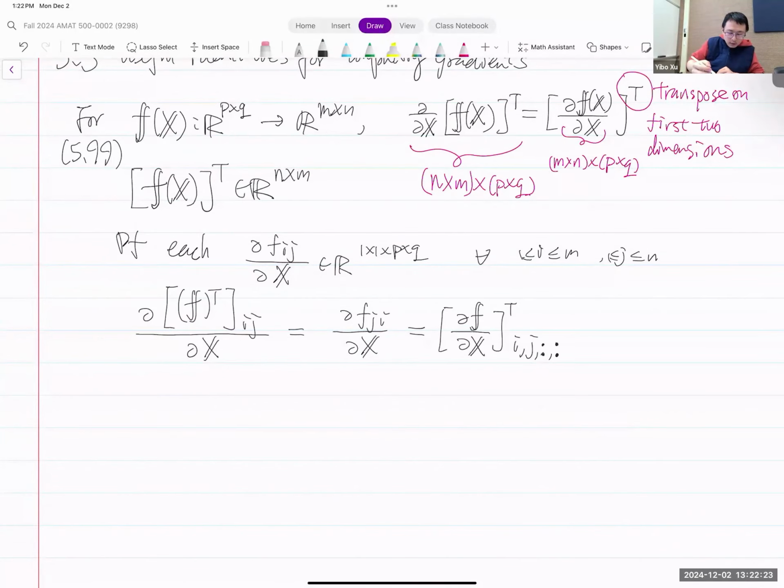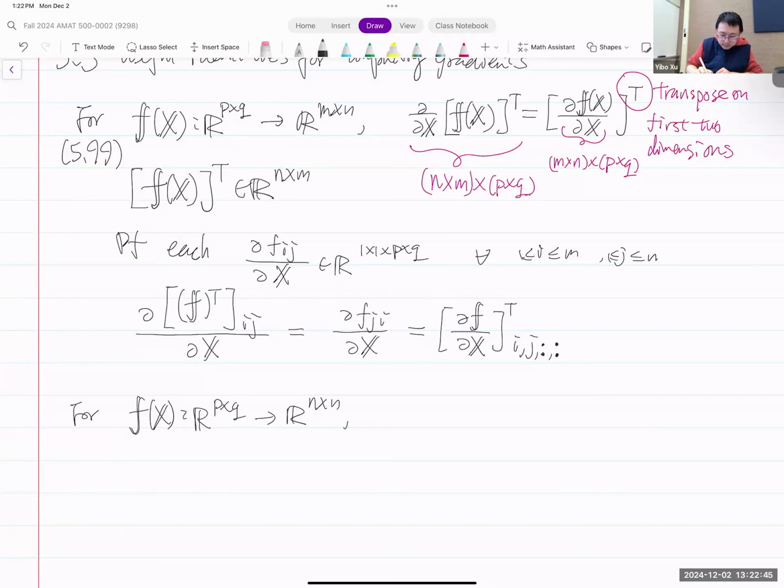All right, so let's look at the ones with symmetric outputs. Let's say we have f of x that maps from p by q dimensional matrices to n by n square matrices.